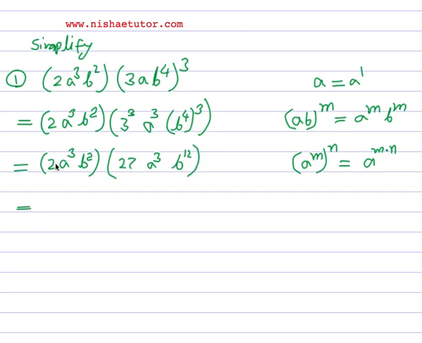Now here simply multiply 2 times 27, which is 54, and here a to the power, so here same base, this type we can multiply, like a to the power m multiply a to the power n, here same base, so we can add powers.